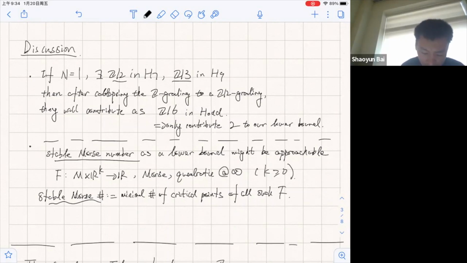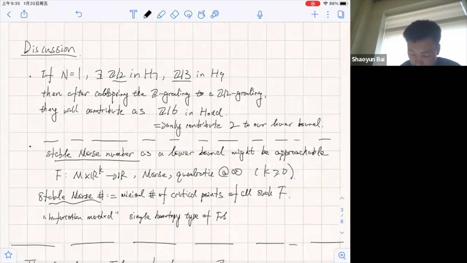Because perhaps you could develop some kind of bifurcation method to understand the simple homotopy type of our Floer chain complex, and discuss what type of torsions are cooked up from this kind of construction.